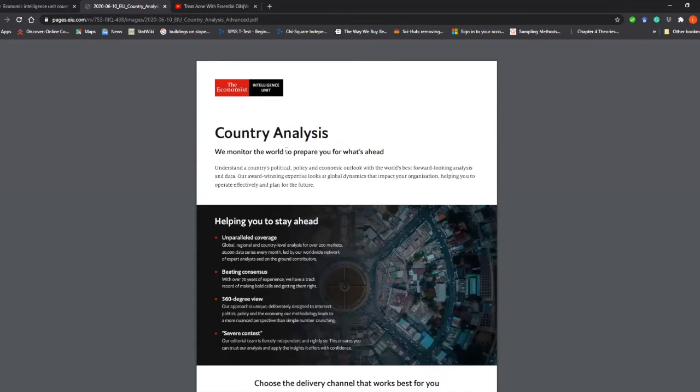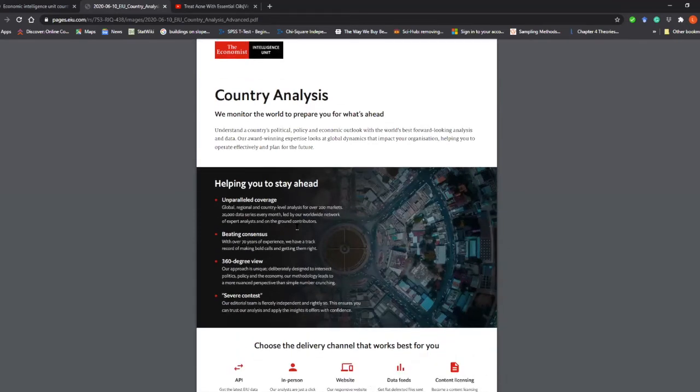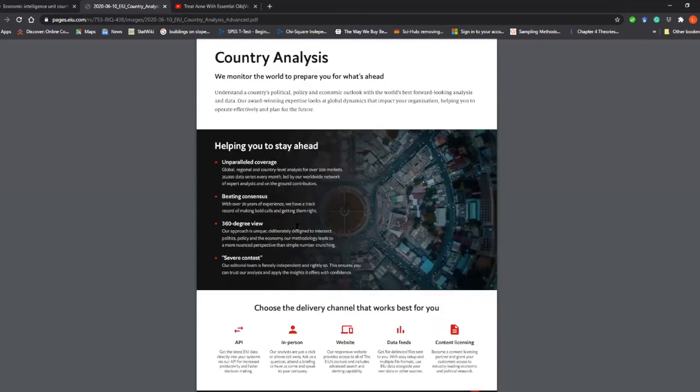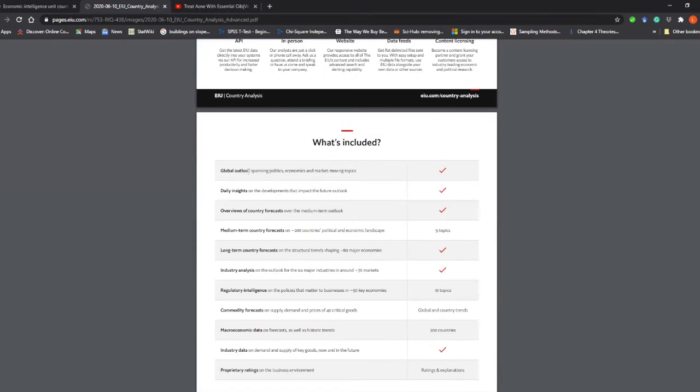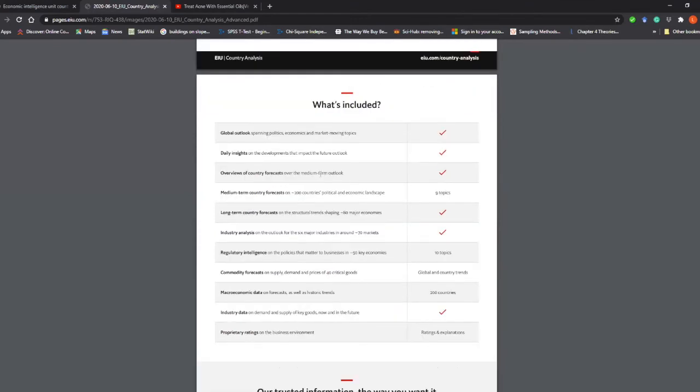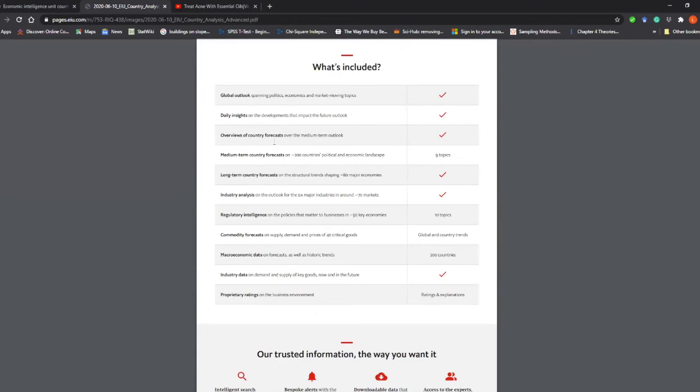The brochure tells us what is covered in the country analysis. The information they'll provide includes a global outlook spanning politics, economics, and market moving topics. They also provide daily insights on the developments that impact the future outlook, and overviews of country forecasts over the medium-term outlook.